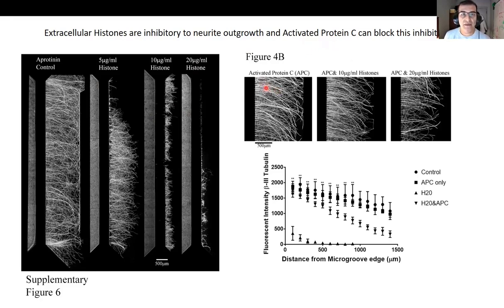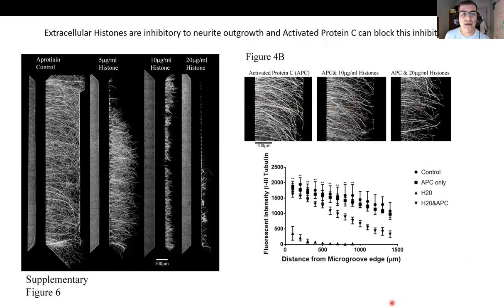When we apply APC in our microfluidic chambers, we see it has no effect on neurite outgrowth. However, if we combine APC with histones, we see that it can block the inhibitory action of the histones and that you can detect long neurites.